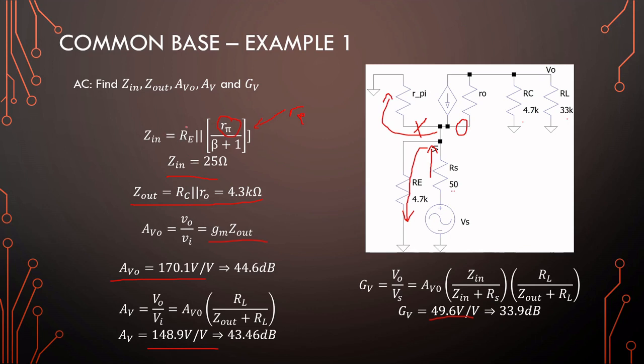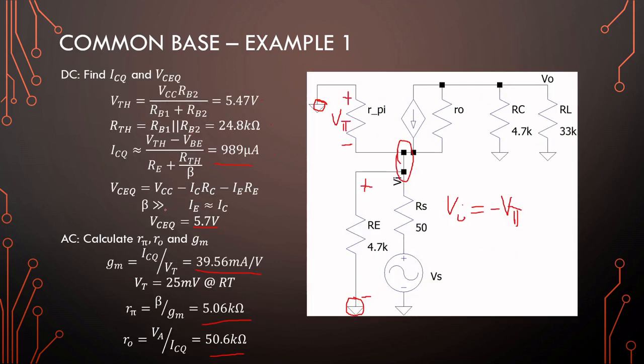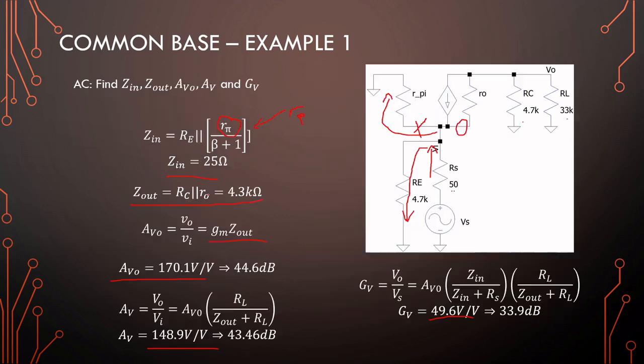This emitter resistance, which is part of the bias, can interfere a little bit if it's too low a value, but in the end of the day, this value is extremely high, so the input impedance will tend to be R pi over beta plus 1, or approximately 1 over the transconductance. So if you have a very high bias current, the impedance will be very low.